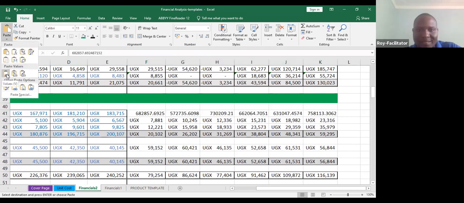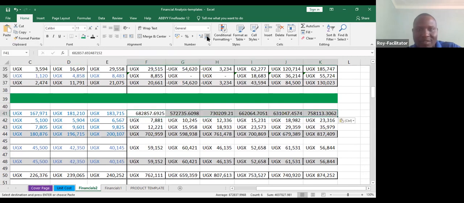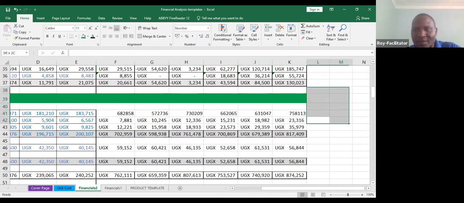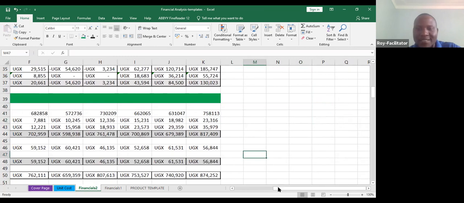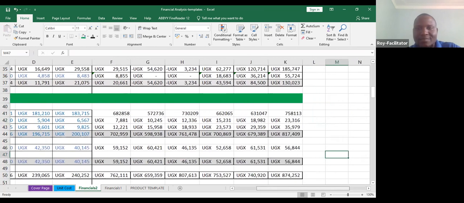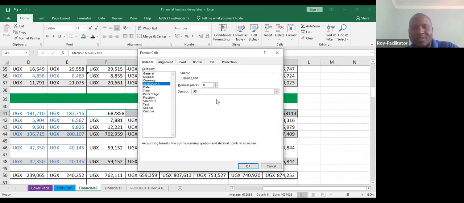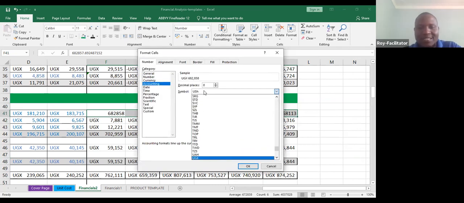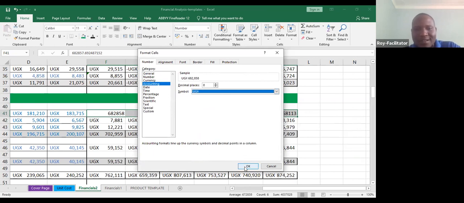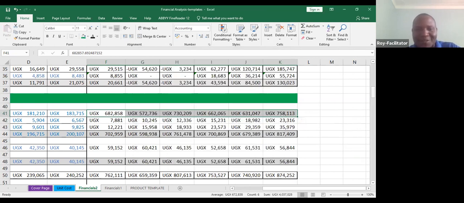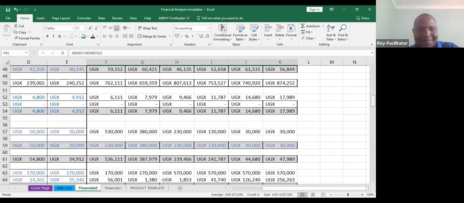I'll paste the numbers here, and I will remove the decimal points. Okay. Yeah, so basically this marks the end of linking the three statements: income statement, balance sheet, and cash flow statement. As you can see, it requires a bit of sanity and soberness in the process.